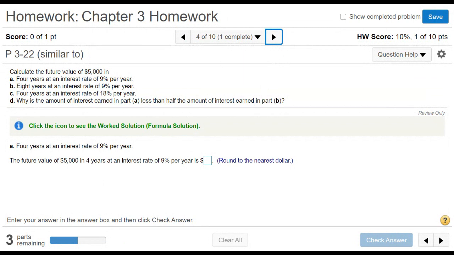For 4 years at an interest rate of 9%, N equals 4, I/Y equals 9, payment is 0, present value is 5,000. And then we compute for future value. So what did we get? 7,058.